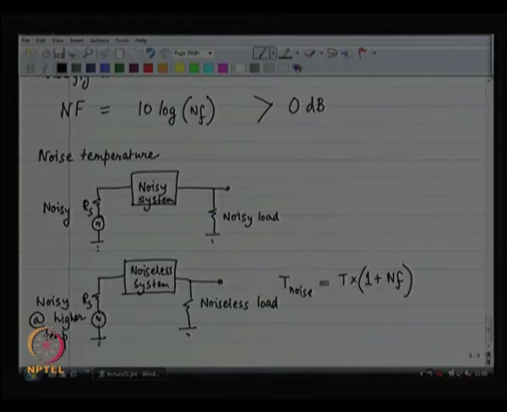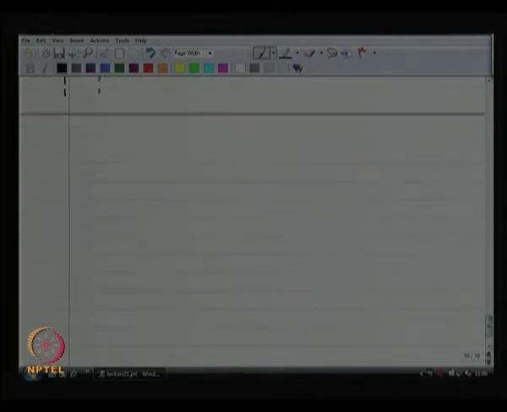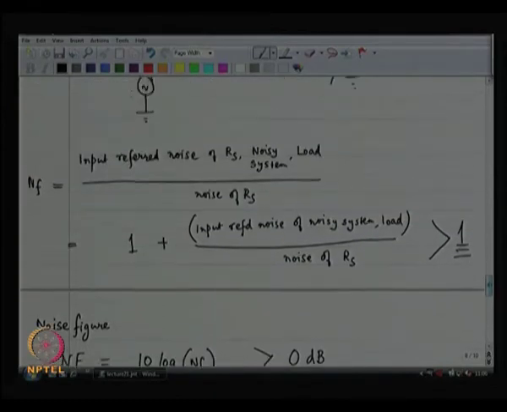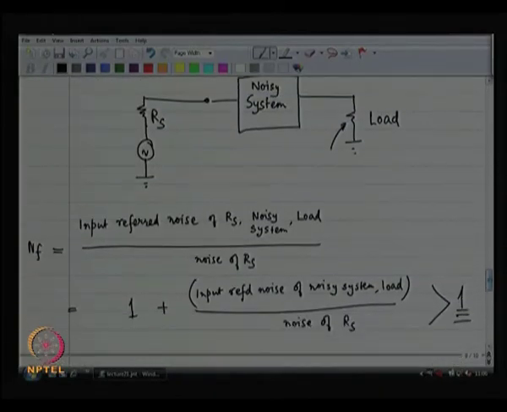So, the noise temperature is going to be the current temperature times 1 plus the noise factor. If you work your way through it, this is what you are going to find. All right. So, these are my 3 definitions.